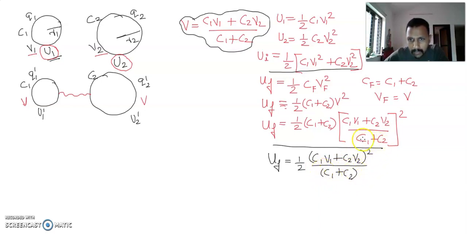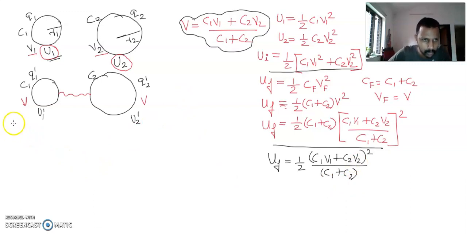It's because one (C1 plus C2) gets cancelled, and in the denominator there will be C1 plus C2, with (C1 V1 plus C2 V2) the whole square in the numerator. Okay, then now I want an expression for the change in potential energy.